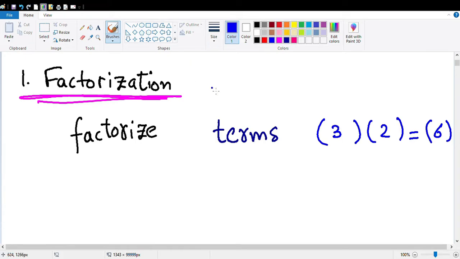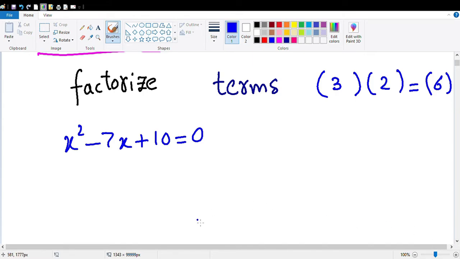And I'm just going to write a quadratic equation as an example, right? So I have x squared minus 7x plus 10 is equal to 0, and we're going to work with this. In the factorization method, you can see over here why I wrote this: we have 3 terms, right? We have x squared, we have minus 7x, and we have 10.